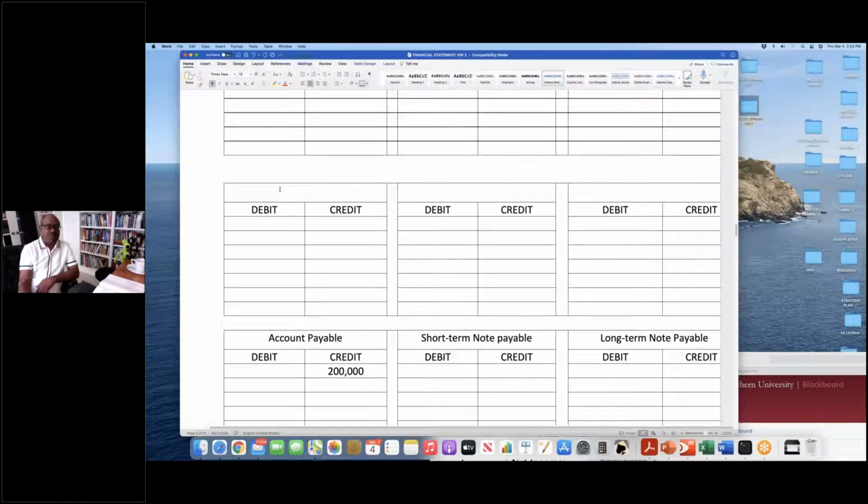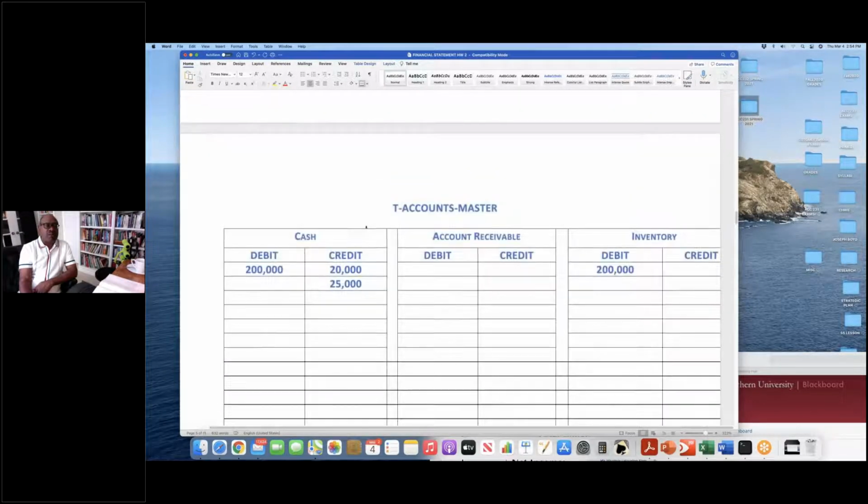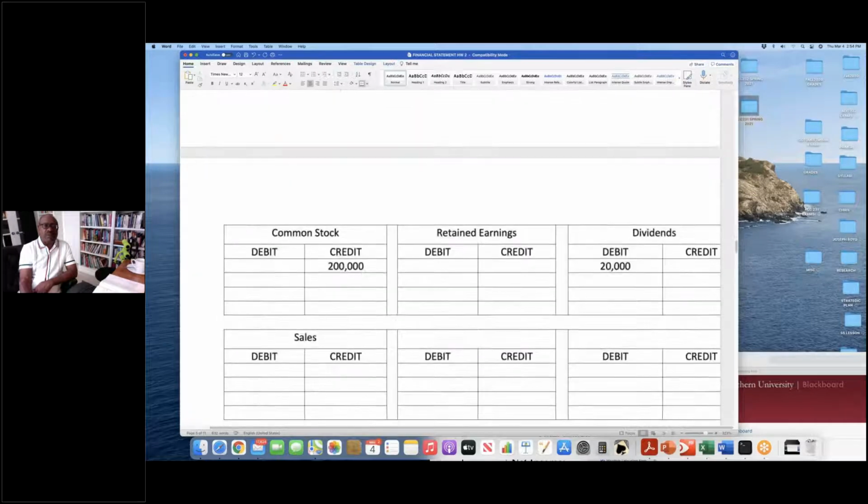I guess we need a land account, right? Yes, I was just about to tell you that you forgot to do 4. I'm gonna come back to it. Give Desiree time to get to it. Land. Wait a minute. This was the rent one, wasn't it?